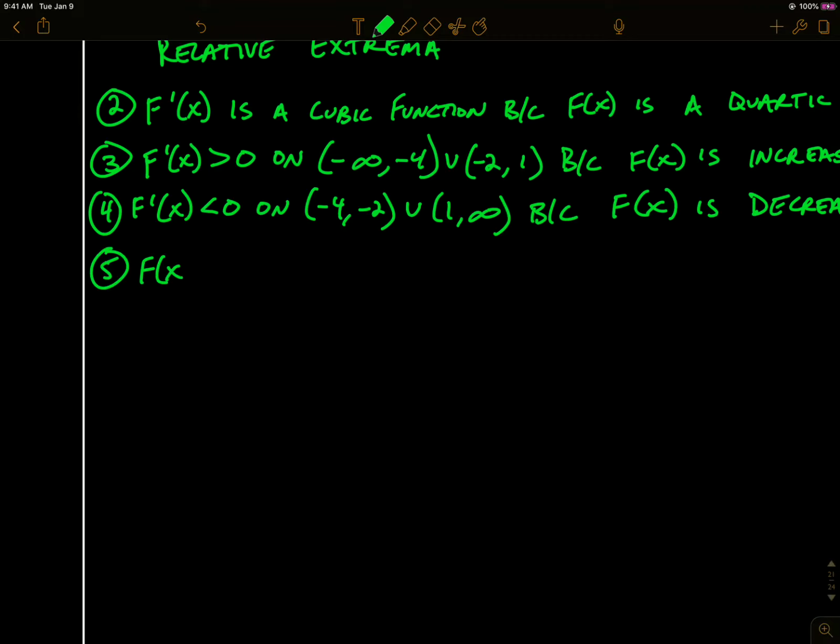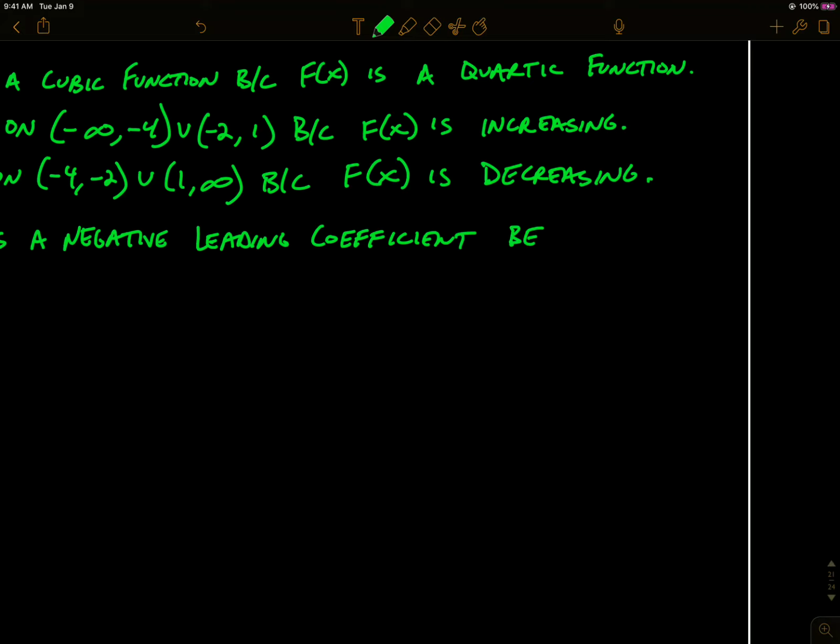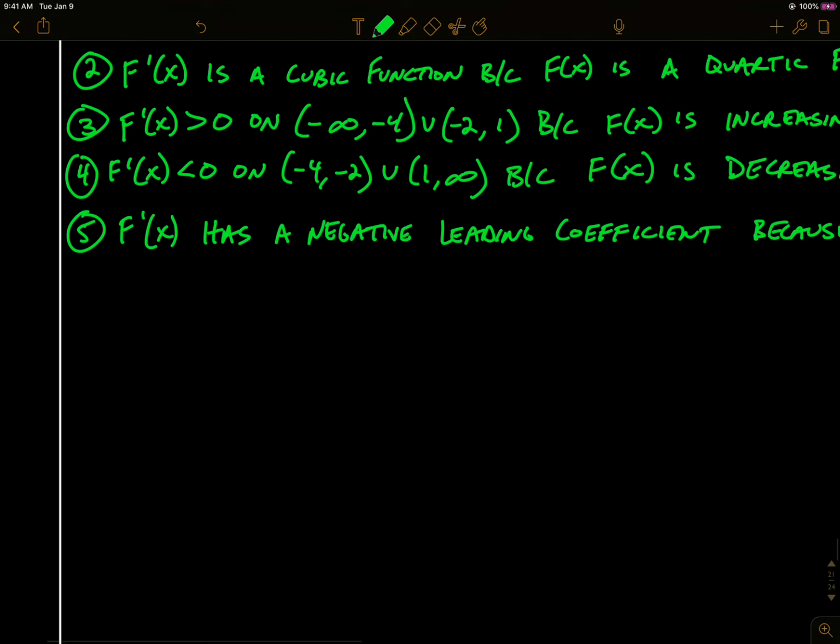We know that f prime of x has a negative leading coefficient, because both ends on f of x are going down, like I mentioned before.